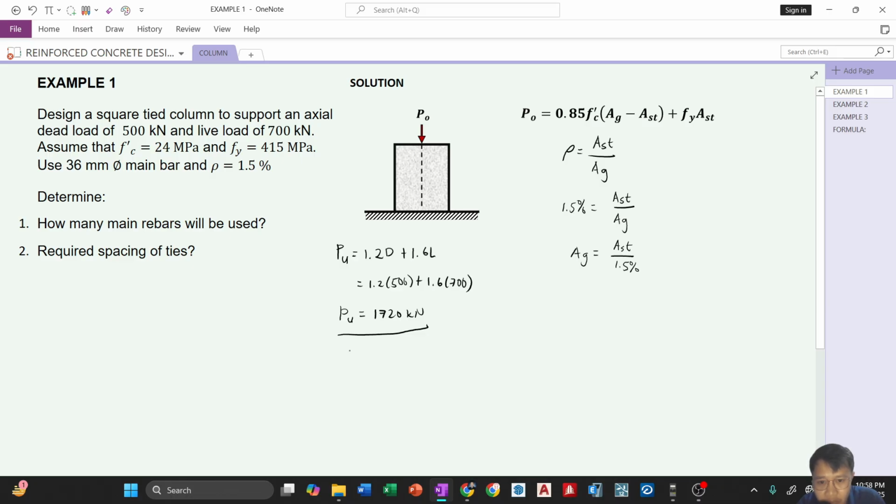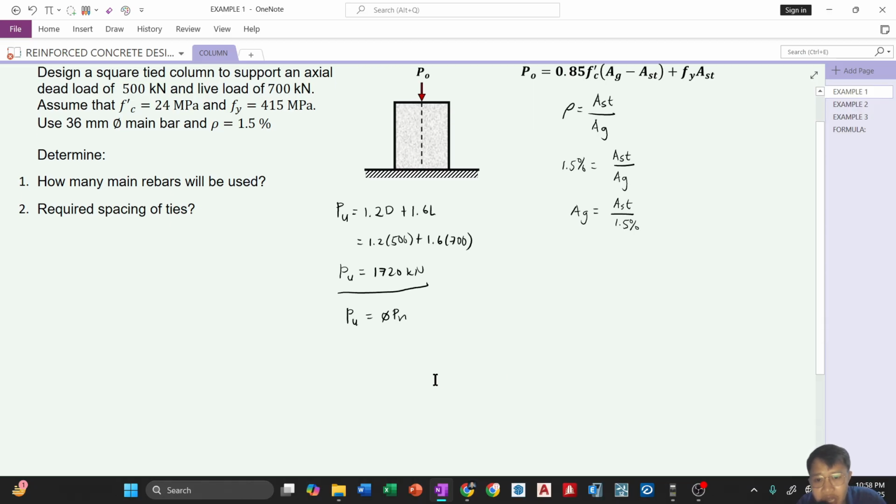Take note, however, that PU is equal to phi PN. Now, what is the reduction factor for a tied column? Recall that the phi for tied column is 0.65. Okay? Let's substitute the 0.65 here to get the value of PN.